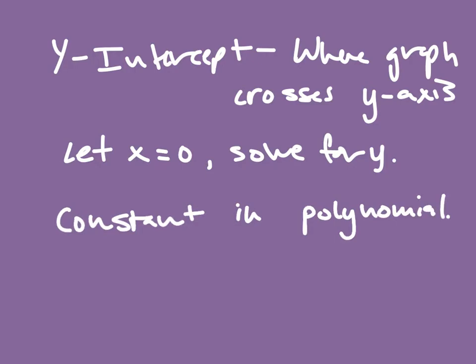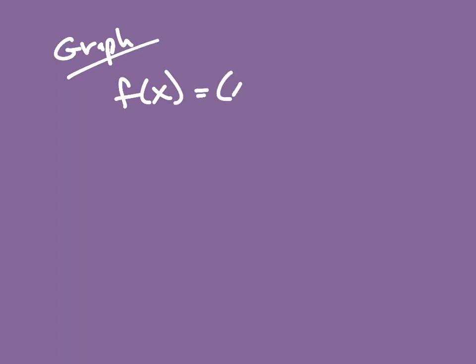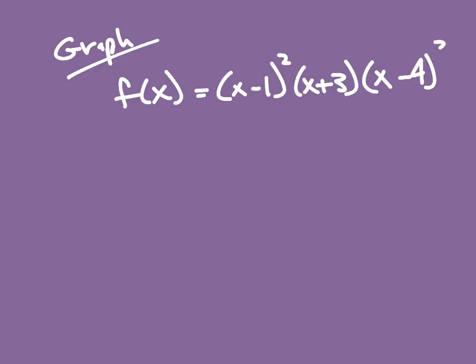So let's do this. I want to graph the following function, and we're just going to put all this stuff together. Let's graph the function f of x equals (x minus 1) squared times (x plus 3) times (x minus 4) to the third power.